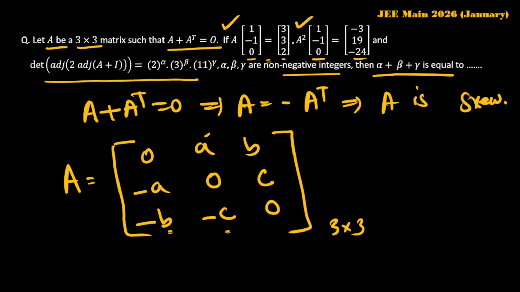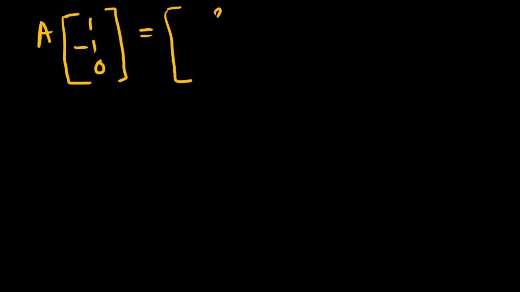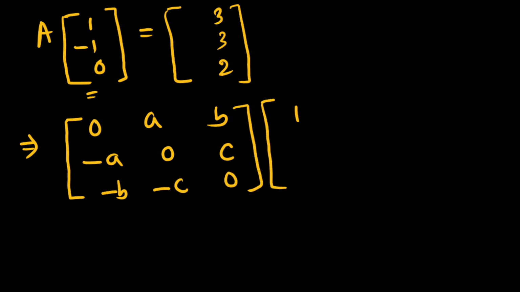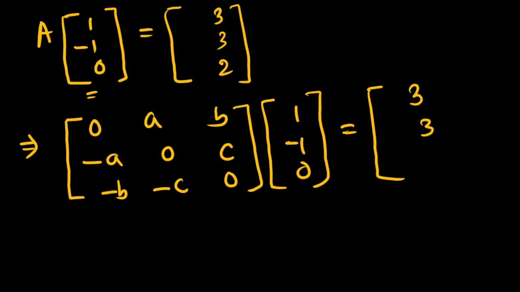First apply this condition, A multiplied by the matrix 1, minus 1, 0 is equal to the matrix 3, 3, 2. So we multiply matrix A, which is 0, a, b, minus a, 0, c, minus b, minus c, 0, by 1, minus 1, 0, and it is equal to 3, 3, 2.